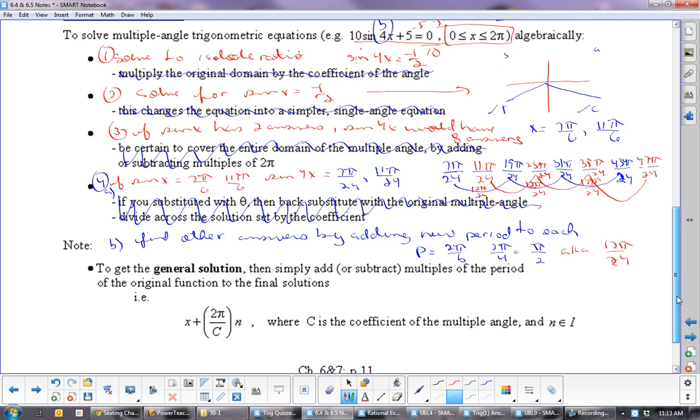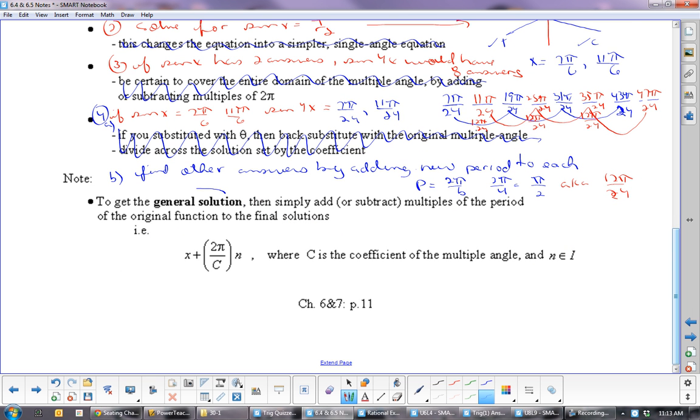Okay, now the general solution for this one, now you can kind of see this really, I don't know why I didn't notice this. I would have put this, it's 2 pi over b, really, right? If we can keep the same b as we used in 30-1. So my general solution would have been 7 pi over 24 plus pi over 2n, and 11 pi over 24 plus pi over 2n.